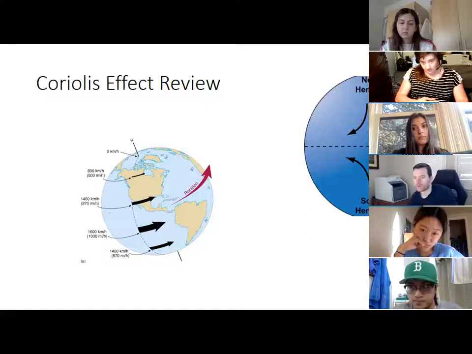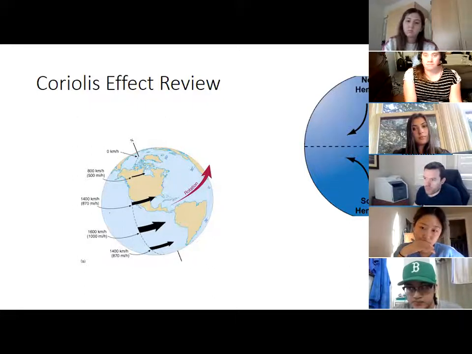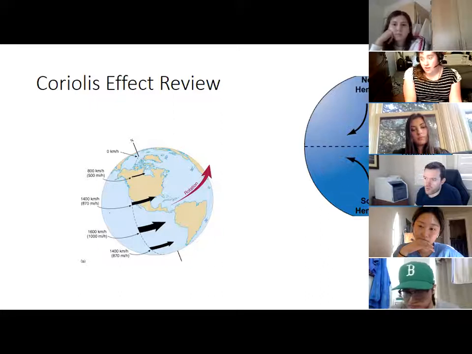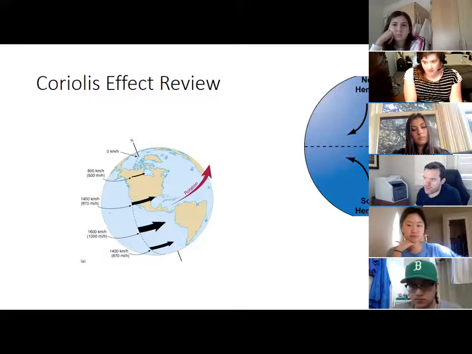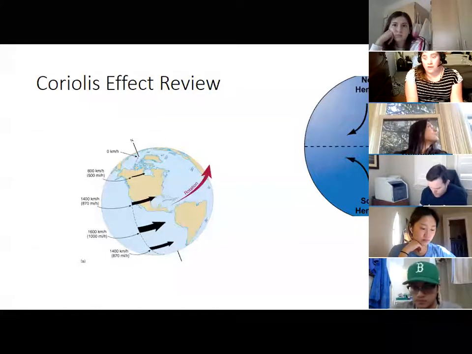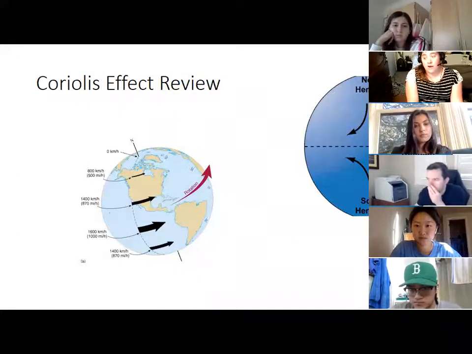And the reason this happens too, and when I say right and left, you have to remember that it is relative to the direction it would have had with no Coriolis effect. If Earth were not rotating, there would be no Coriolis effect. If Earth were not rotating at all, an airplane could fly a straight line from the equator to the North Pole with no correction needed.